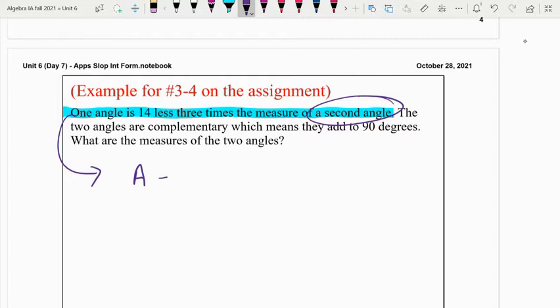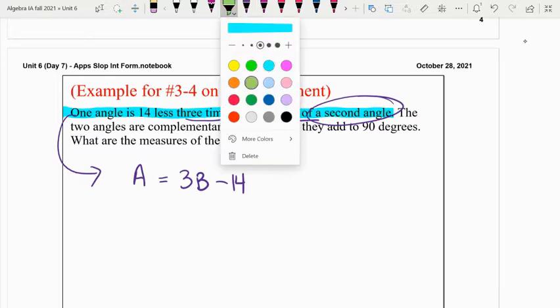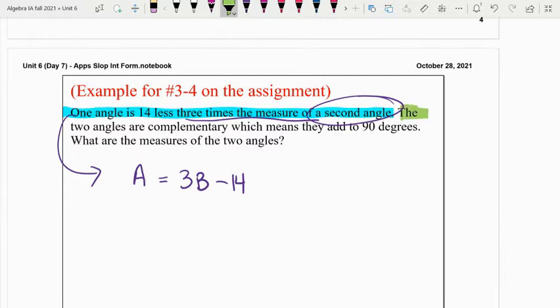Let's make that second angle B. So I'm going to say 3 times the measure of B minus the 14, because it's 14 less than. Next part says the two angles are complementary, which means they add up to 90 degrees. So my other equation will be A plus B has to be 90.